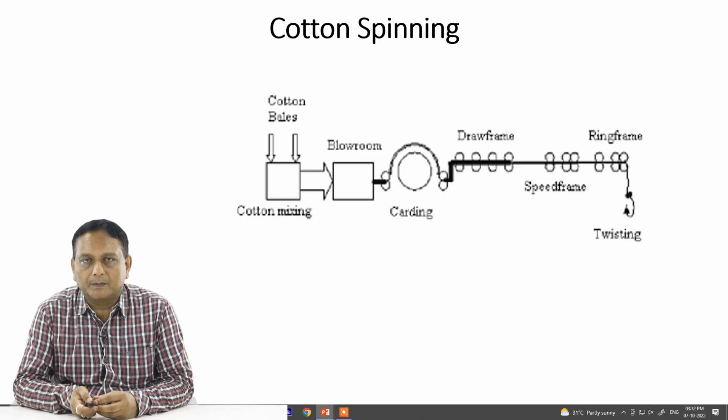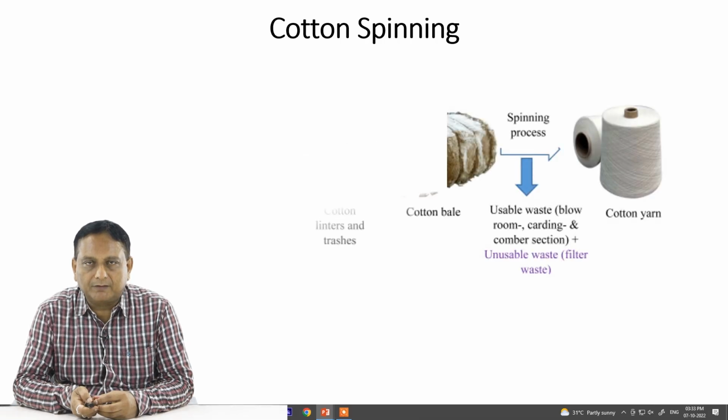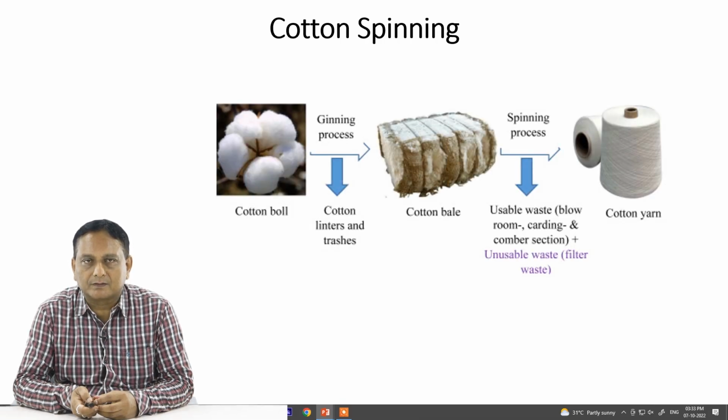Then there is a particular frame called the roving or speed frame, and after that the package goes into the ring frame where the actual yarn is produced, and finally it is twisted. So this is, in a nutshell, the schematic view of cotton spinning. Different machineries are involved in this system. Let us see the different machines and how they work.